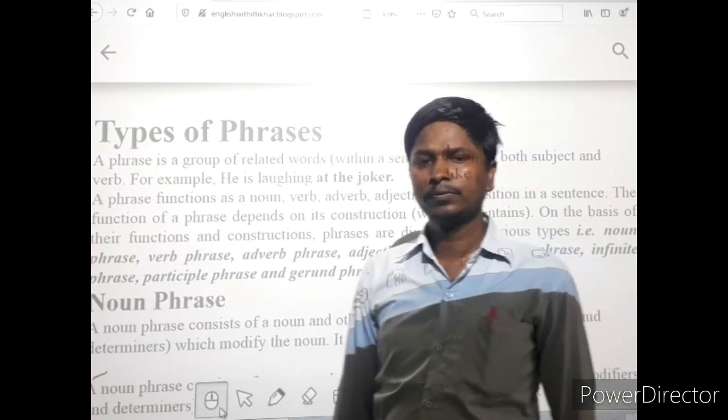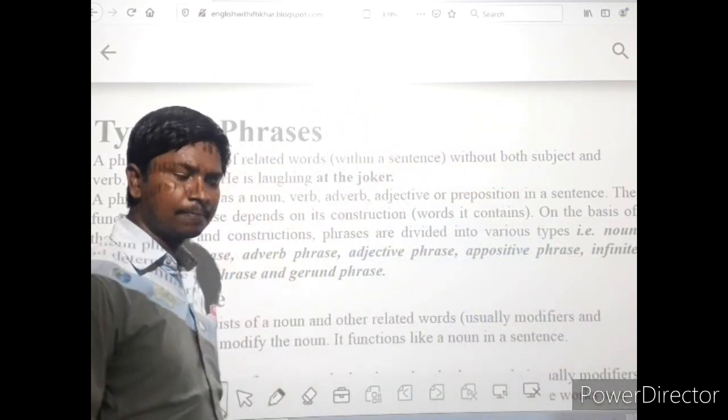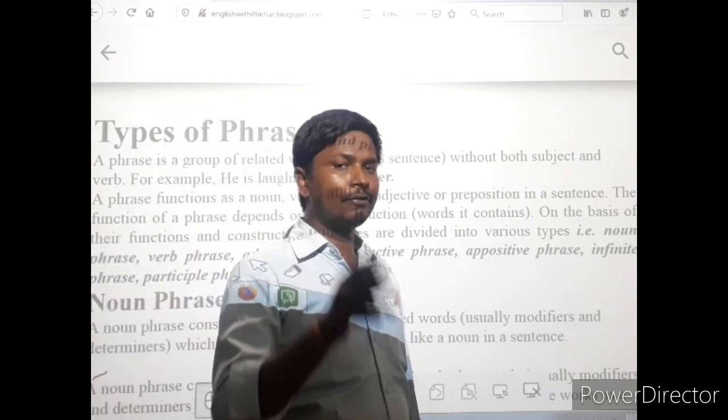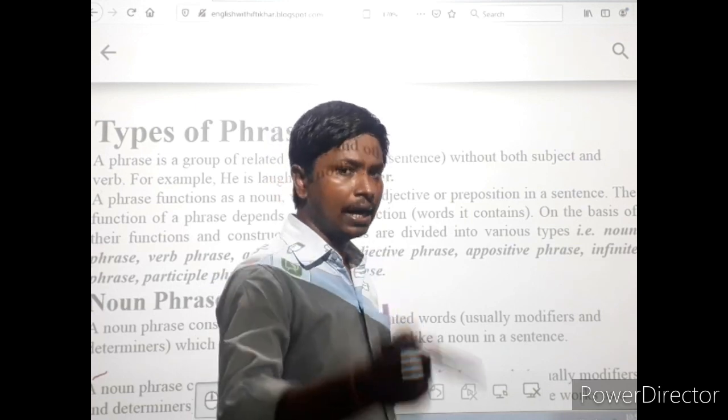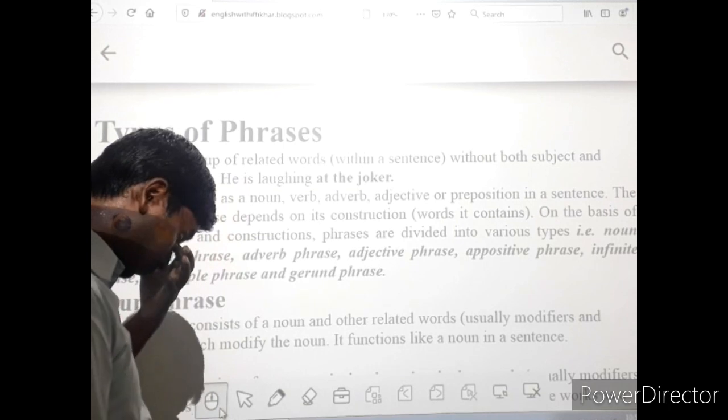I am going to help you understand by writing some sentences and finding how you can find an adverb phrase, an adjective phrase, and a noun phrase here. Noun phrase. Here the first one.